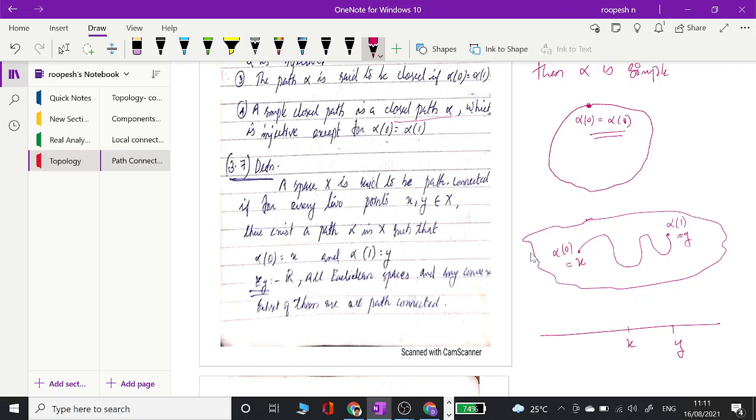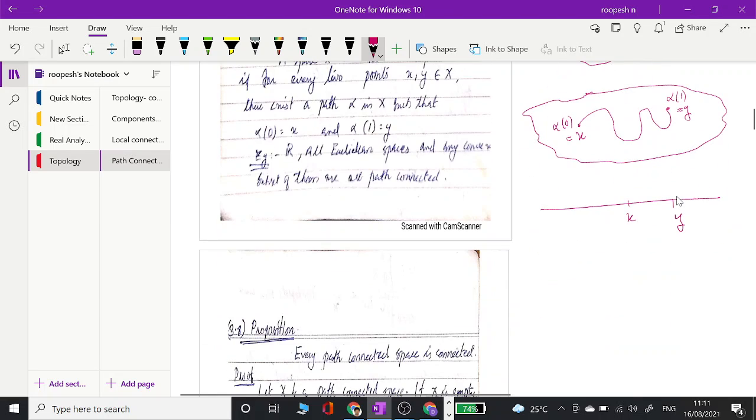Very evident, since by the definition of convex, if this is x and this is y, then for 0 less than or equal to lambda less than or equal to 1, lambda x plus (1 minus lambda) y also belongs to C, for x, y belonging to C, which implies C is convex.